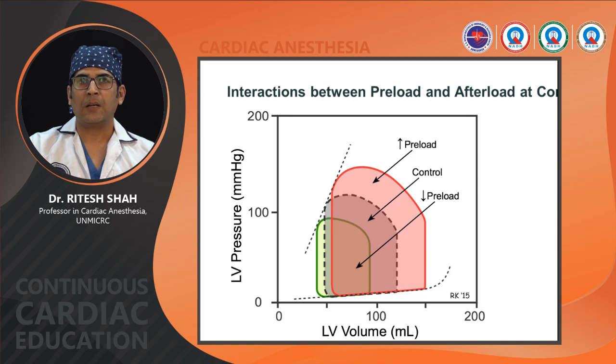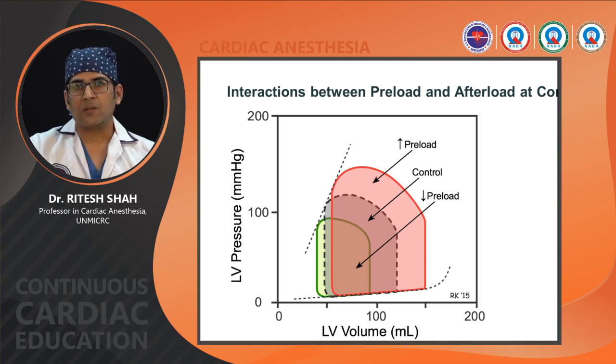When preload reduces, the LV ejects less blood into the aorta, and because of that systolic and diastolic blood pressure is reduced. With this reduced systolic and diastolic blood pressure, end systolic volume is also reduced, and therefore stroke volume is increased.